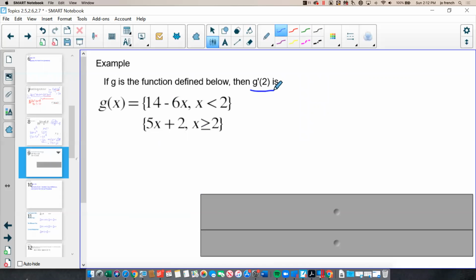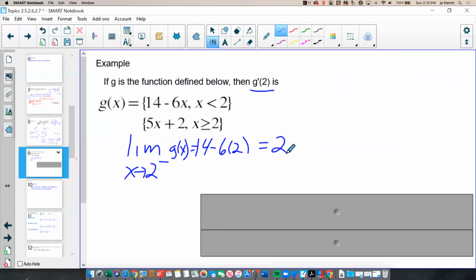For a function to be differentiable, that would mean that, first of all, it's continuous. So is this function continuous? First, I'll look at the left and right hand limits. As x approaches 2 from the left, this graph gets closer and closer to 14 minus 6 times 2, which would be 14 minus 12, or 2.